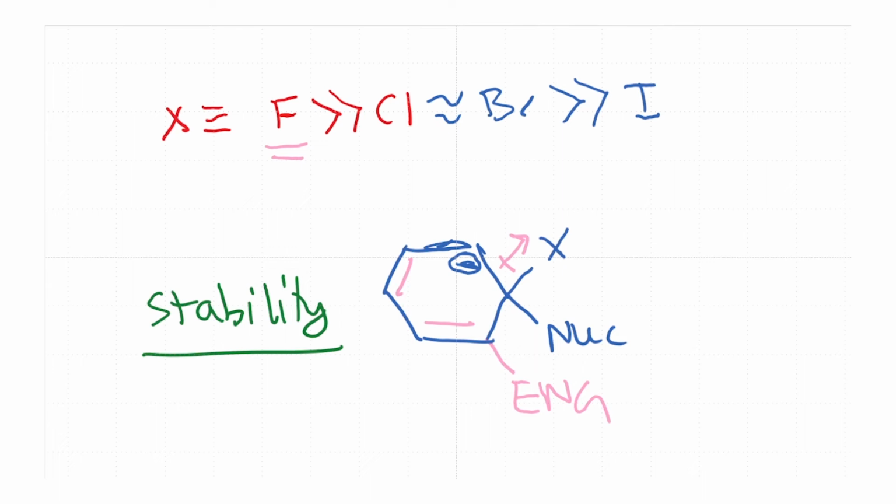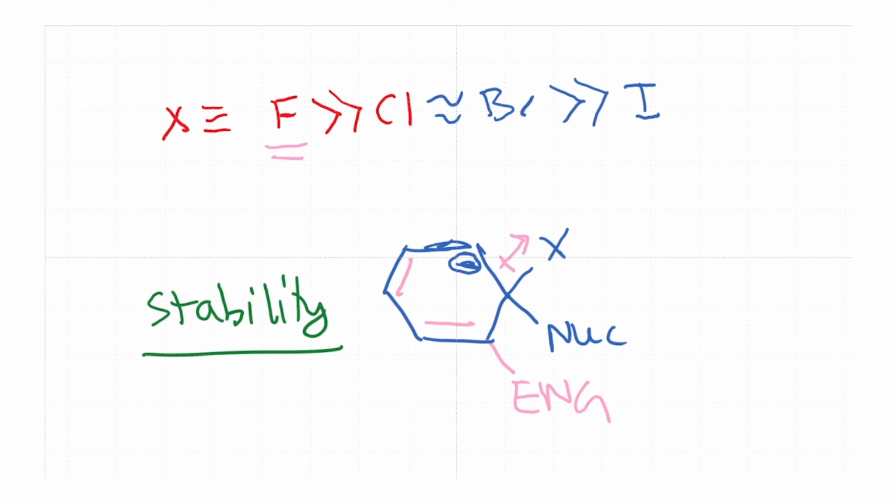So the leaving group ability, which comes in the next step, after the rate determining step is done, does not play an important role, but here the electronegativity of the group would be very important in determining the rate of the reaction.